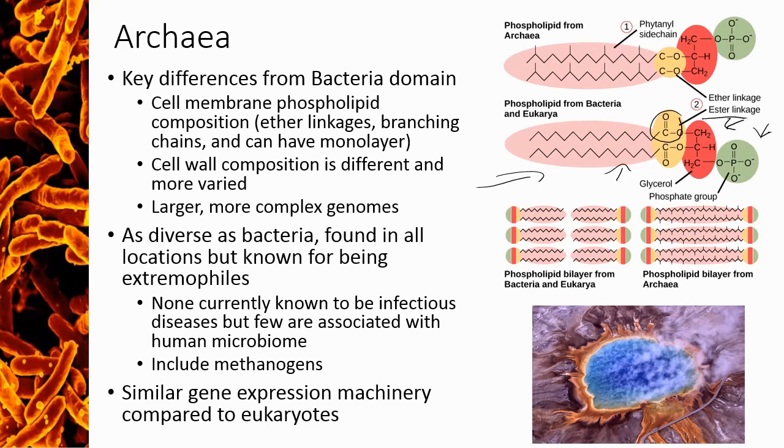This is different in the archaea. Archaea will contain glycerol and a phosphate, but the attachment for their fatty acids is a different chemistry, with these being ether linkages. Even more interesting, some of the fatty acid tails in archaea can actually be branching, which doesn't exist in bacteria or eukaryotes.